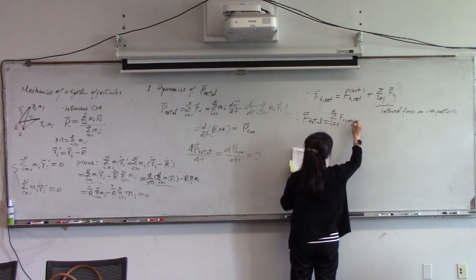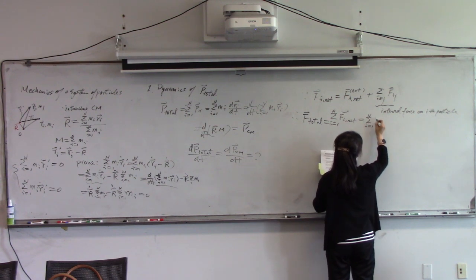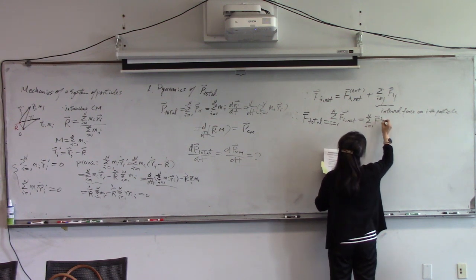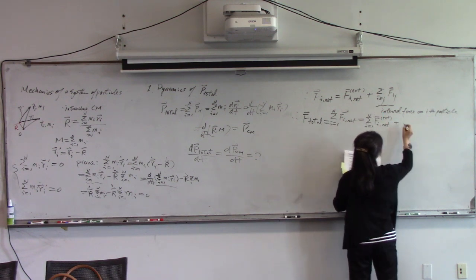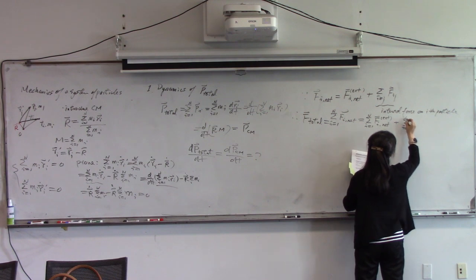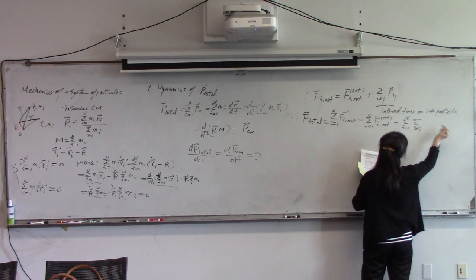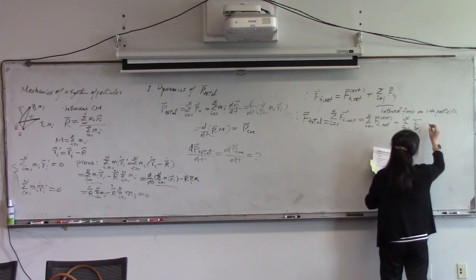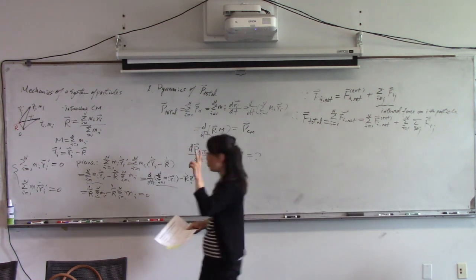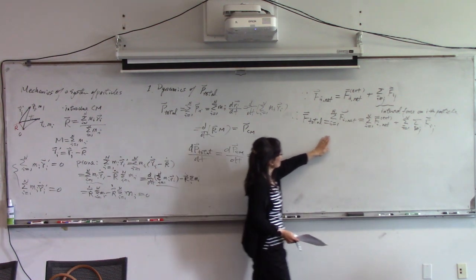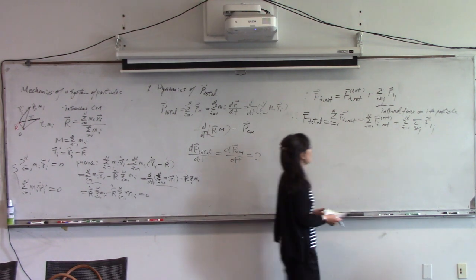Here we have a summation of the net external force on each individual particle, plus the sum for i from 1 to n of the sum over j not equal to i of F_ij. So we have these two: we are going to analyze the force in terms of external and internal parts.